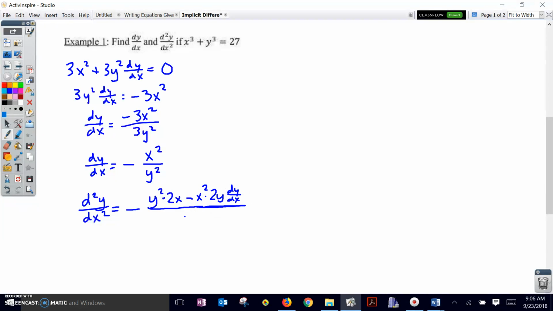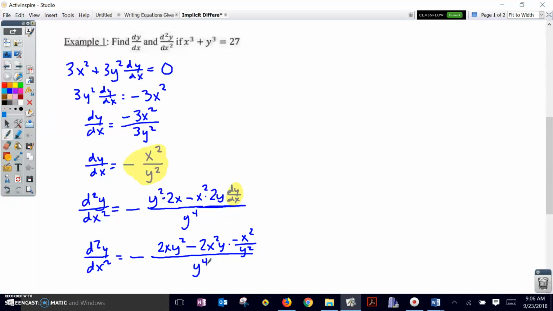All of that over the denominator squared. And now in my simplification, since I have this dy/dx here, I'm going to replace it with what dy/dx is equal to. And so I've got d squared y/dx squared equals the opposite of this whole thing, 2xy squared minus 2x squared y times the opposite of x squared over y squared, all over y to the fourth.